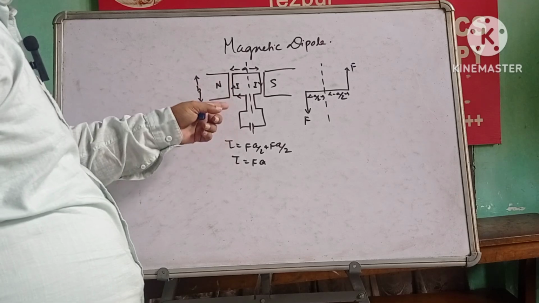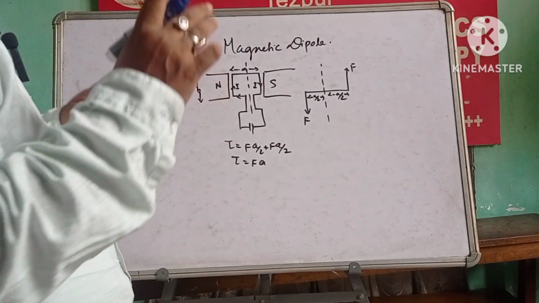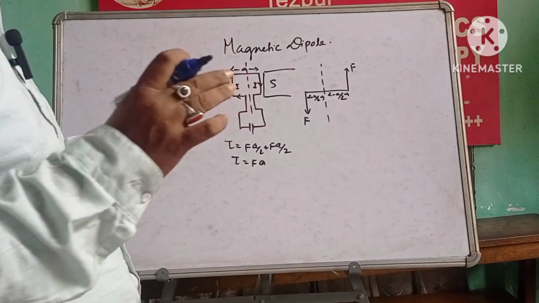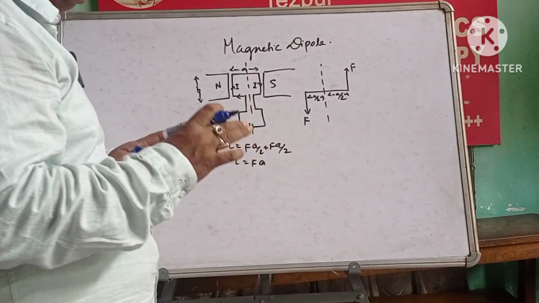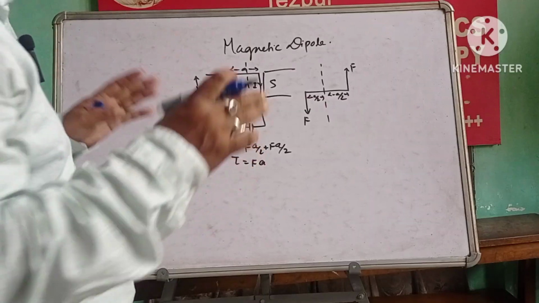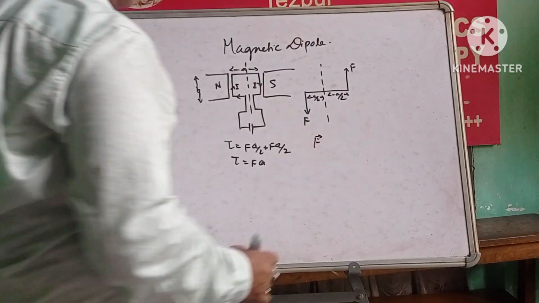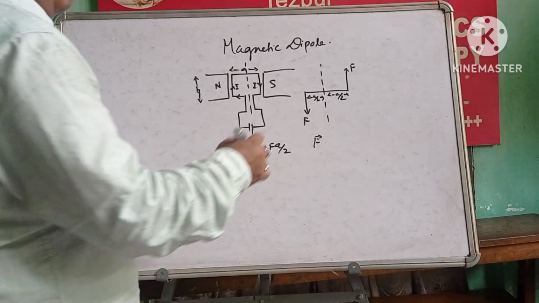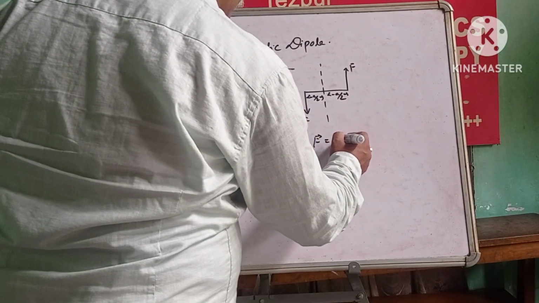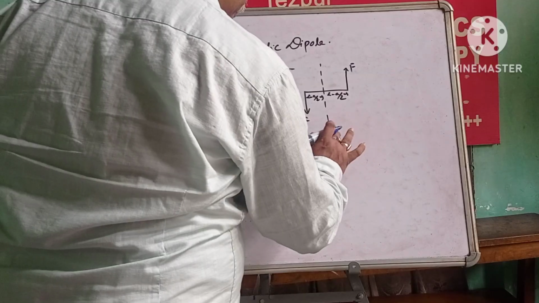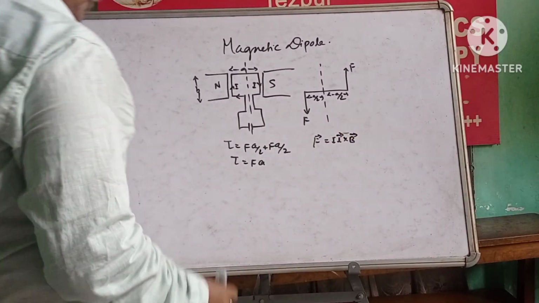Now we know that if a current carrying conductor is placed in a magnetic field, the force exerted by the magnetic field on the conductor is equal to I L B sin theta.